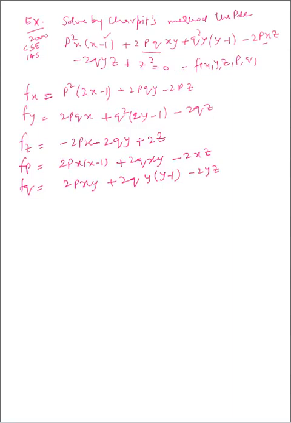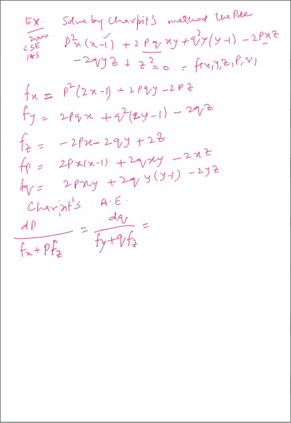Now we put in the Charpit's auxiliary equation. So this comes dp upon fx plus p fz is equal to dq upon fy plus q fz is equal to dz upon minus p fp minus q fq is equal to dx upon minus fp is equal to dy upon minus fq.